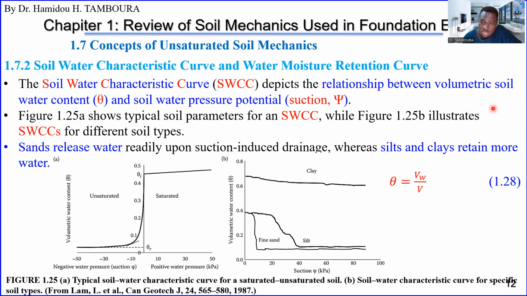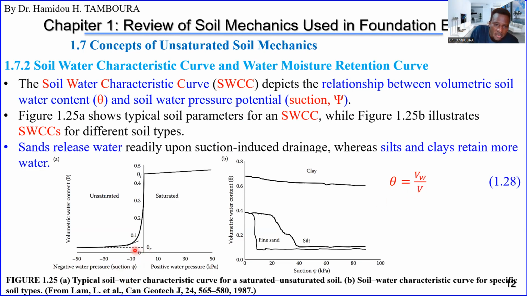Okay, Vw divided by V. This is theta here, volumetric water content. It will help you to know the ratio between the volume of water and the total volume of the soil.